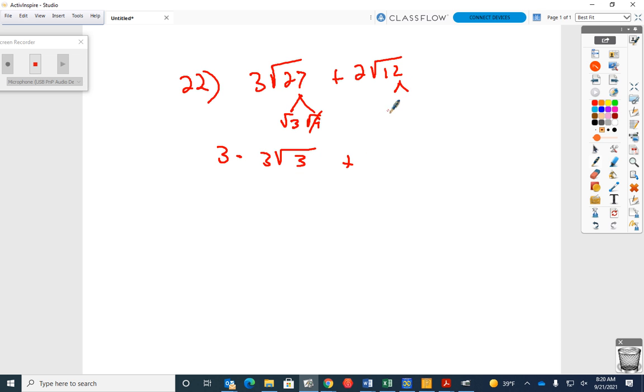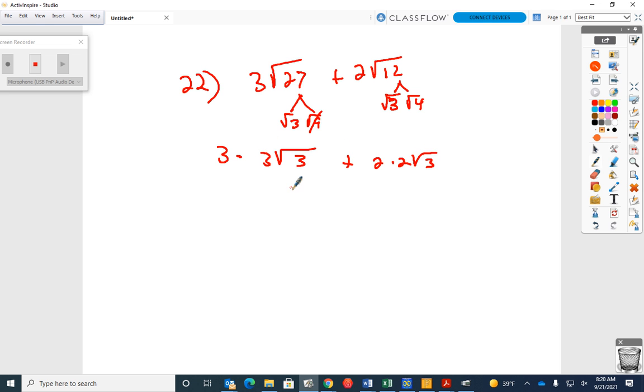Give me some factors of 12. Okay. Is 4 a perfect square? Yeah. What's the square root of 4? 2 radical 3. Okay. I'm in good shape because I have radical 3 inside, right? 9 radical 3.